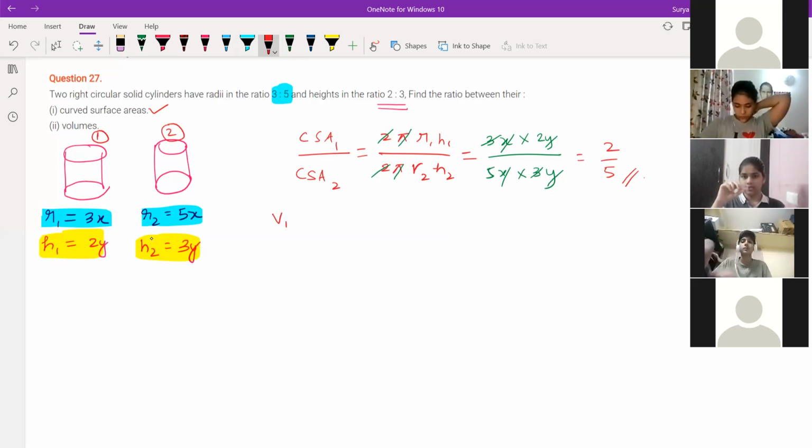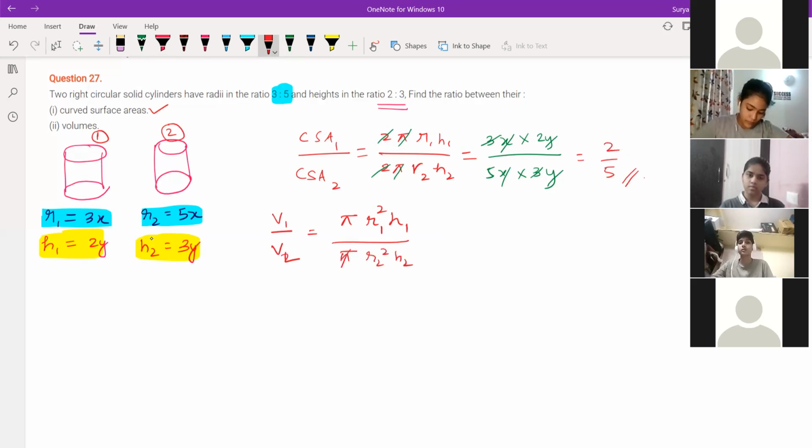So V1 by V2 is equal to pi R1 square H1 over pi R2 square H2. So pi cancelled. R1 is 3x into 3x into 2y, whole divided by 5x into 5x into 3y.